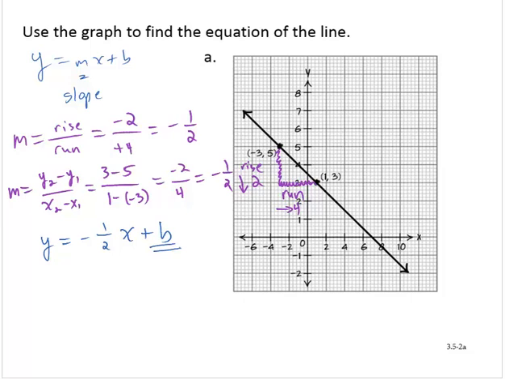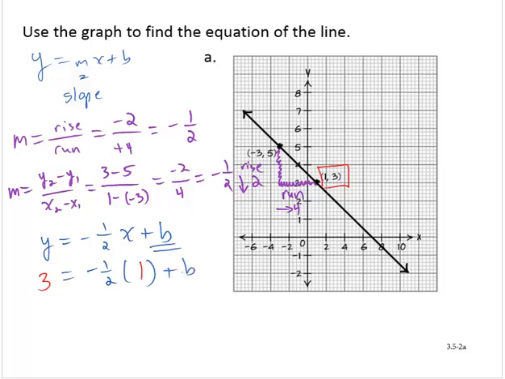It doesn't matter which one you choose, but I'm going to go with (1, 3). So 3, the y value, would equal -1/2 of 1, the x value, plus b.